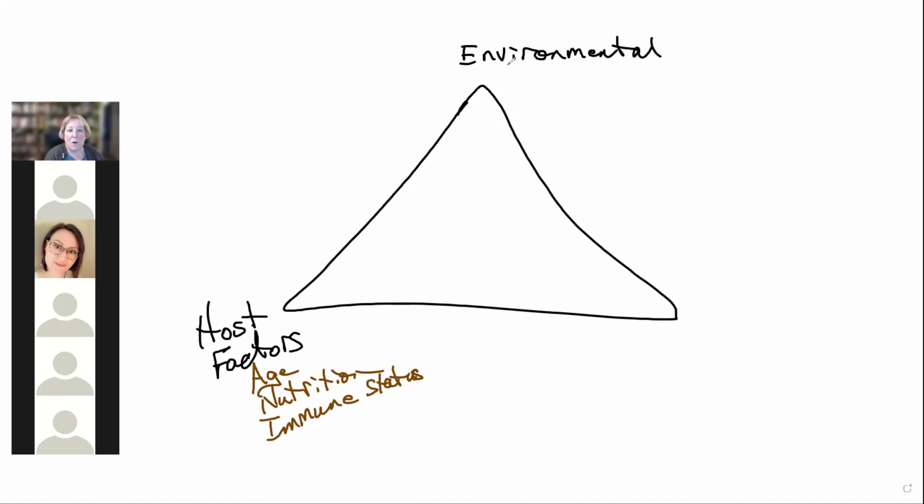So, location of the source, the reservoir. But we're also more likely to get Giardia in this area. Also, because of climate change, pathogens are moving. I'm going through this part real quick.